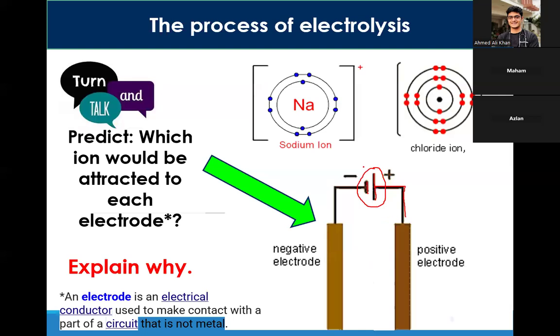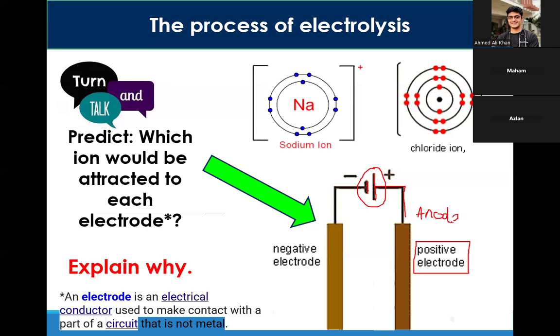So this is an electrochemical cell, and we have a positive terminal and a negative terminal. Both of the terminals are connected to electrodes. The electrode connected to the positive terminal is the positive electrode, and since it attracts the negatively charged ions, the anions, this electrode is known as the anode.